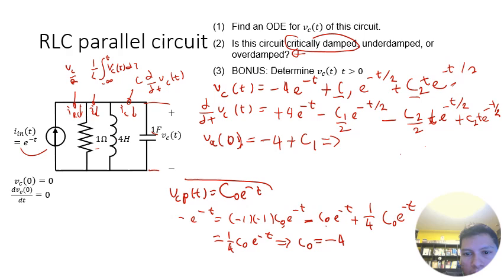And that should all be equal to 0. It's going to give us that C1 equals 4.